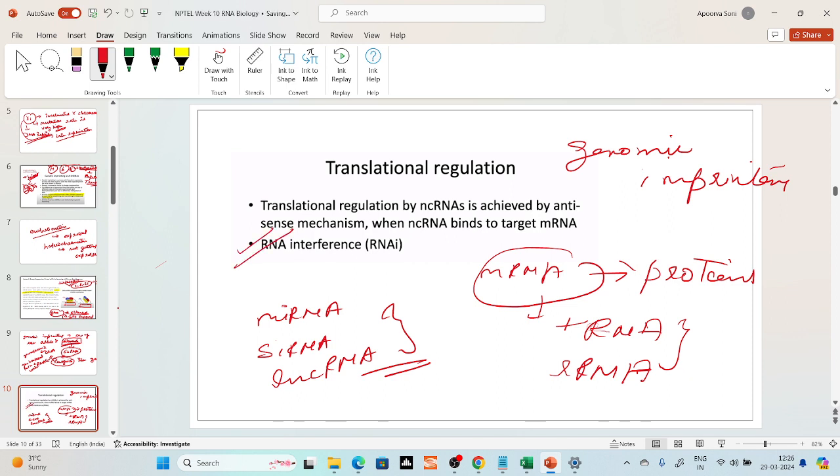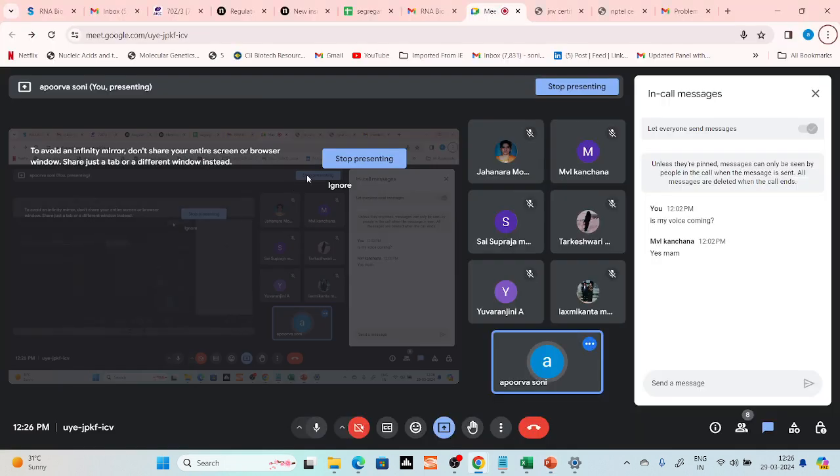So, does anybody know anything about RNA interference? Any idea what RNA interference is? Any basic idea? Nobody has any idea about RNA interference?